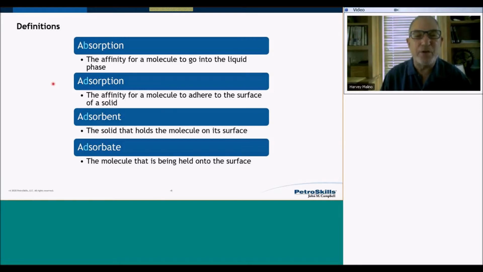That's what we're going to be focusing on today. The adsorbent is the solid that is holding the molecule onto its surface. The adsorbent we will be discussing is molecular sieves. And the adsorbate is the molecule that you want to remove from your carrier stream. We're going to focus primarily on water as the adsorbate.